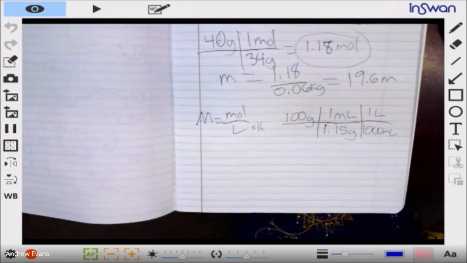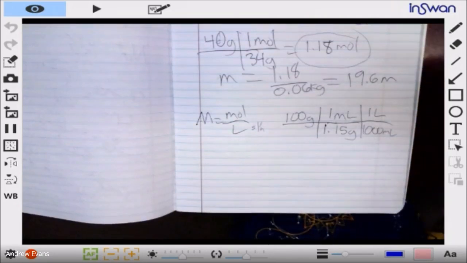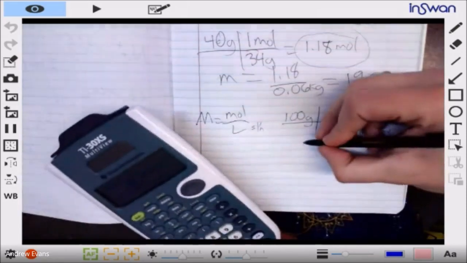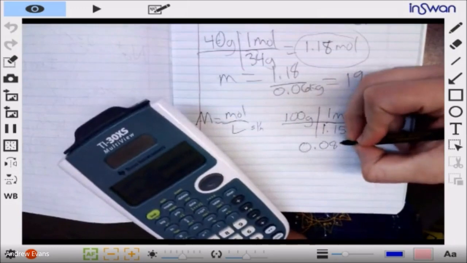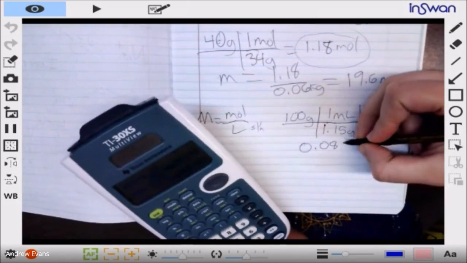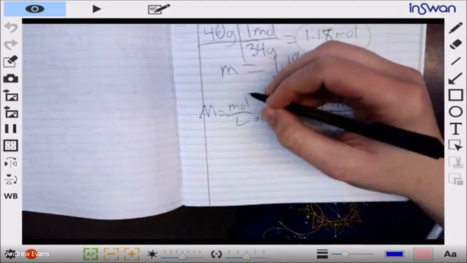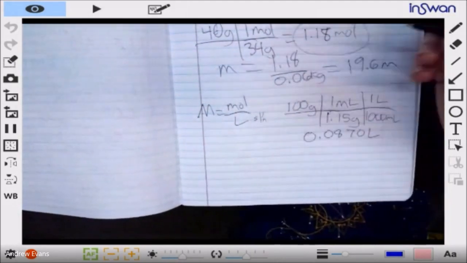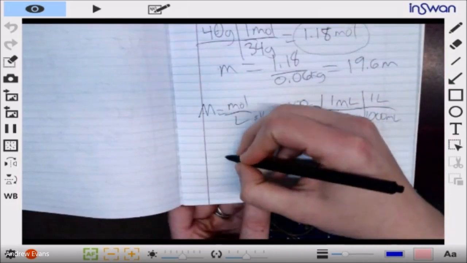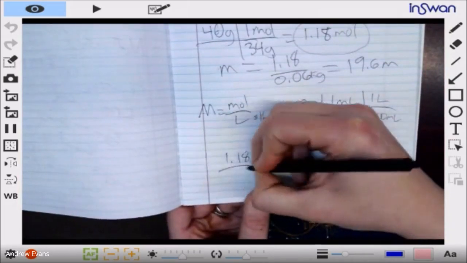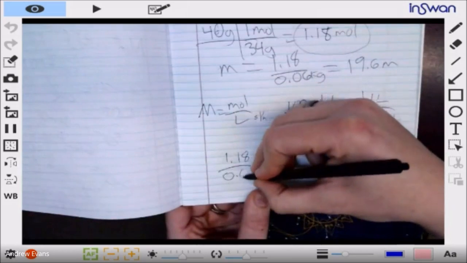So 100 divided by 1.15 divided by 1,000 gives us what? The volume is 0.087 liters. So molarity is going to be 1.18 divided by 0.087.